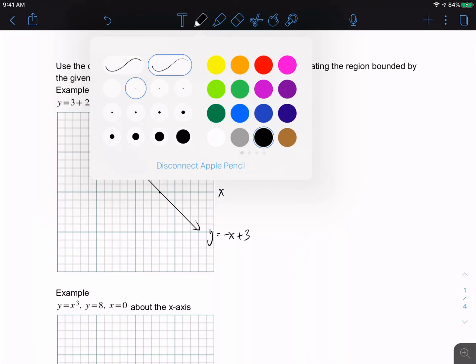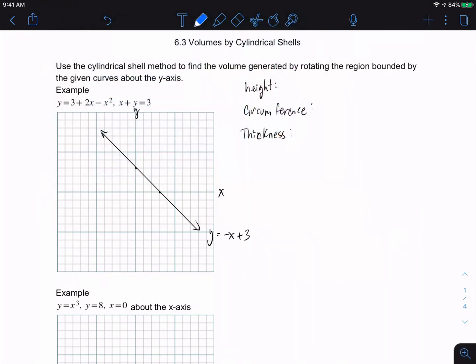Our next function is 3 plus 2x minus x squared. That is going to have a value at 0, 3.